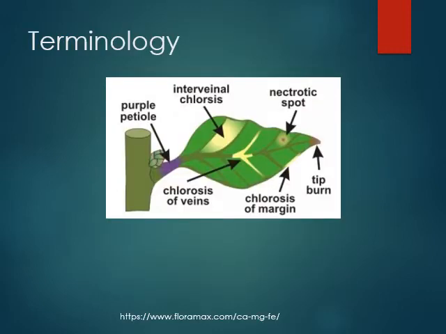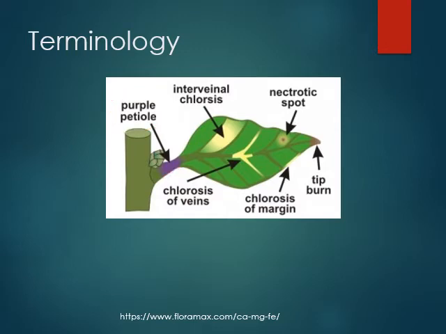Terminology that you need to know and look for with deficiencies. Again, some of this should be review. Things like a purple petiole, right? So the petiole of the leaf showing purple pigmentation.